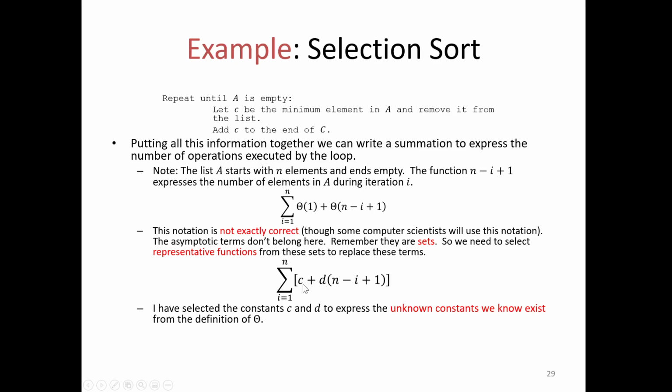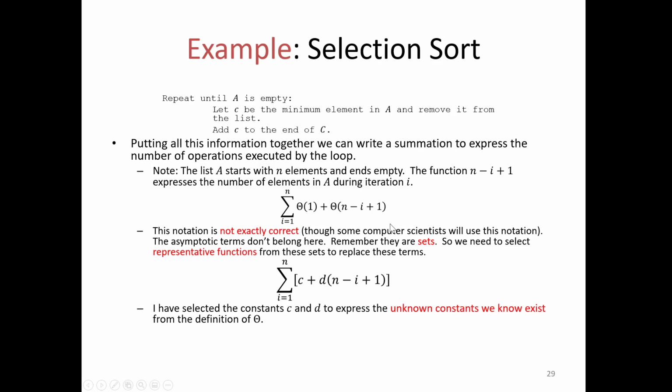Well, since there is some constant that must bound above and below the function represented here, that is the definition of theta, c might be one of those constants. That's all I've done here. If I'm looking for an upper bound, we'll assume c is an upper bound. If I'm looking for a lower bound, we'll assume c is a lower bound.